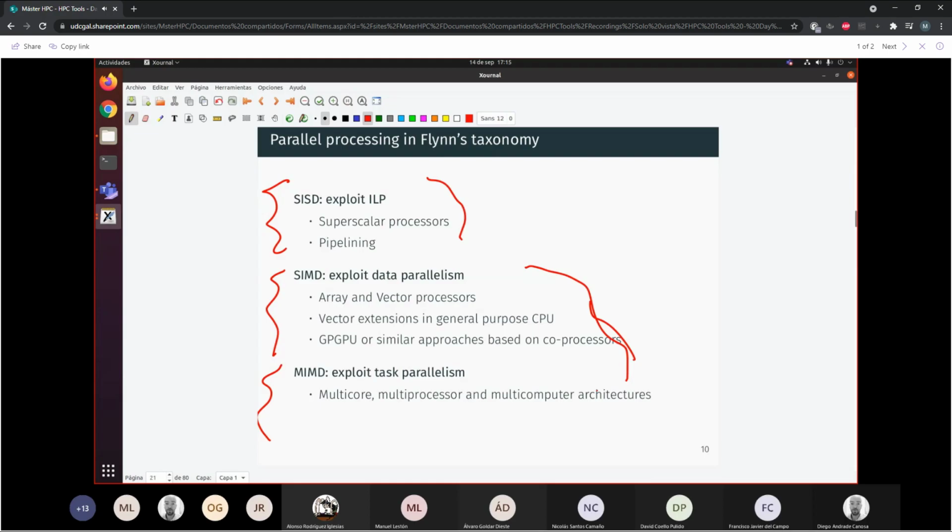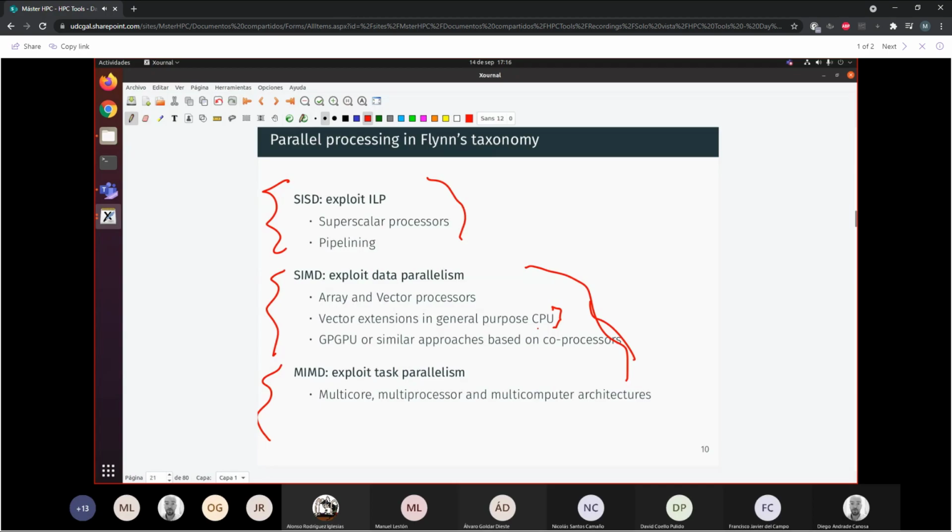Also, as I told you before, all modern processors have a special type of vector instructions that are able to do SIMD, to execute the same instructions on different pieces of data at the same time. And then we have GPUs or similar approaches that are strongly based on the idea of SIMD. I mean, executing the same operation on different arrays at the same time.